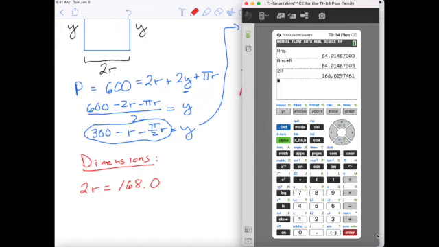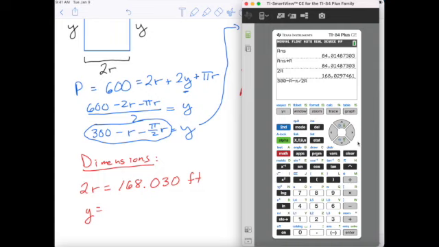And the other dimension was y, I guess. So y, and what was y? y is 300 minus r minus pi over 2 r. So this is really where this is kind of nice. I'm going to type just right on my calculator, 300 minus A, minus that r value, minus A, minus pi over 2 A. And remember, with order of operations, that A is coming after the fraction pi over 2.